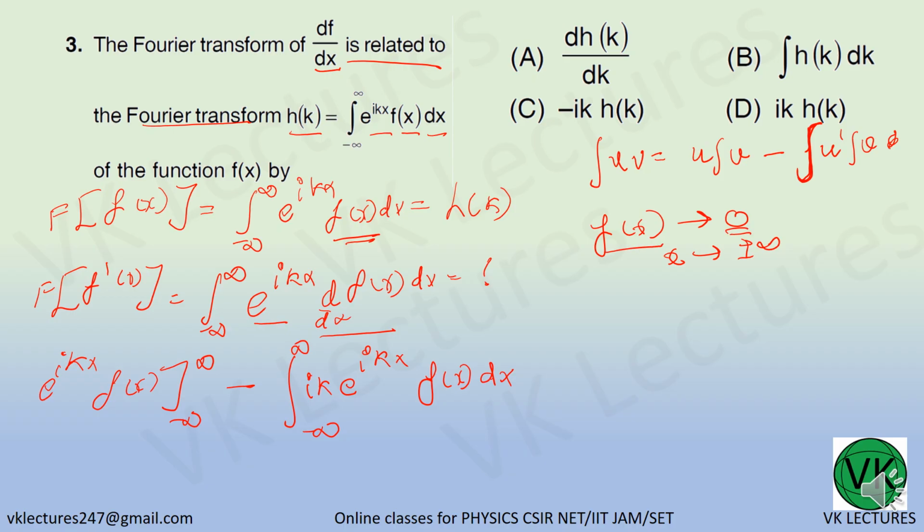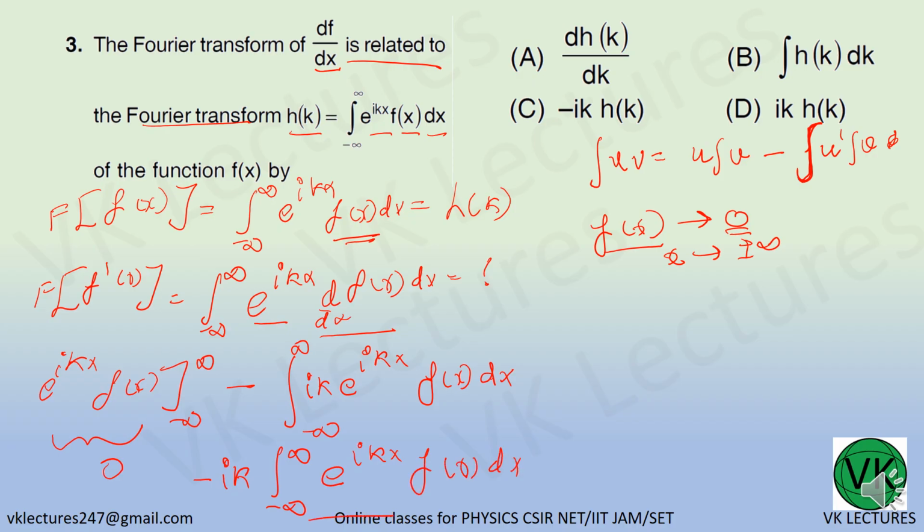Then this quantity, e power ikx into f of x from minus infinity to plus infinity, will be equal to 0. Now what remains is this particular term, which is equal to minus ik into the integral from minus infinity to plus infinity of e power ikx into f of x dx.